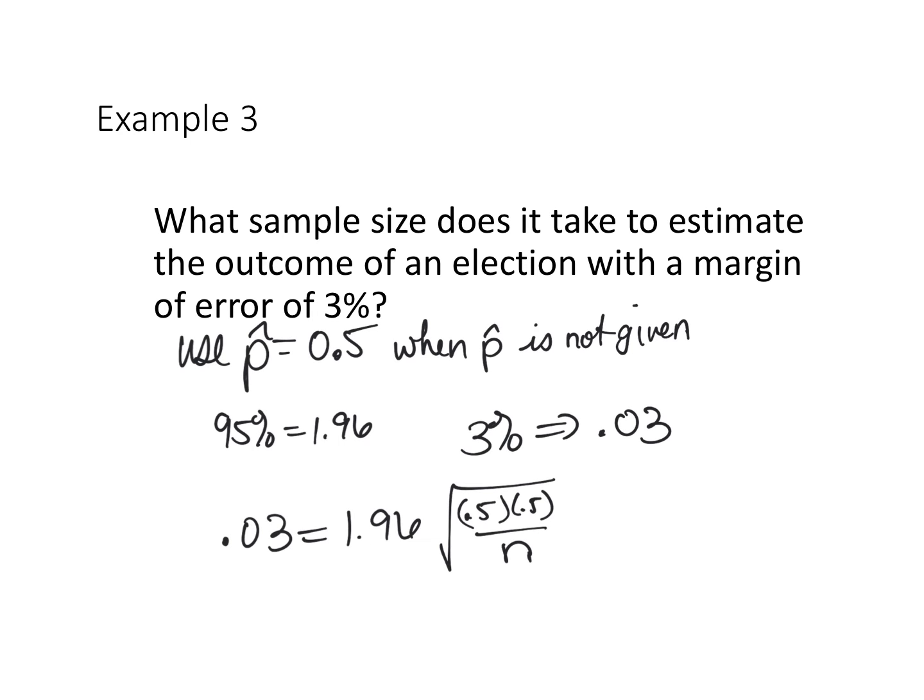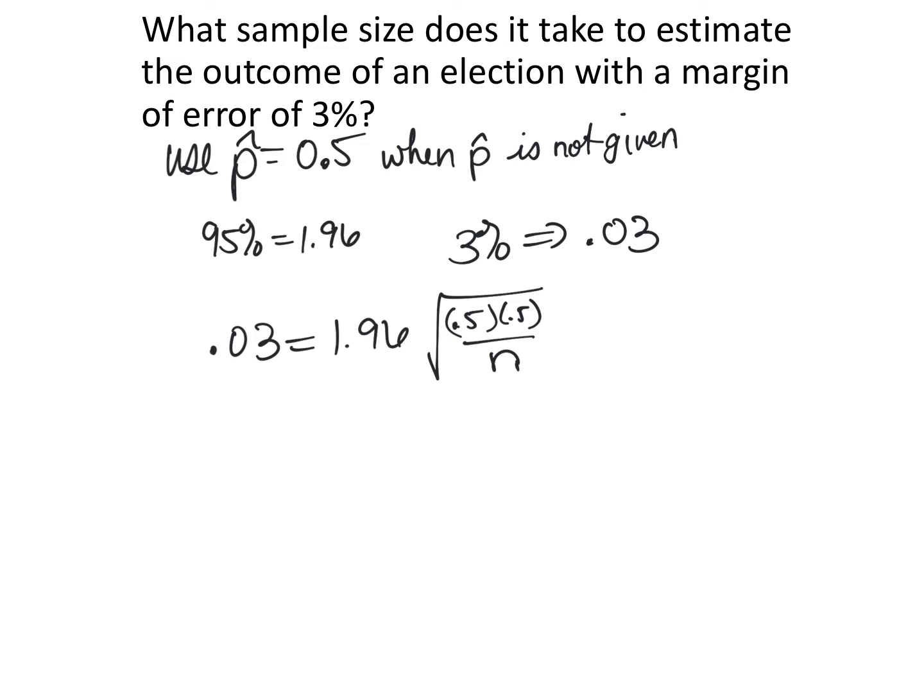If you want to do 0.5 times 0.5 first, 0.03 equals 1.96, square root of 0.25 over n. So we're going to divide by 1.96.